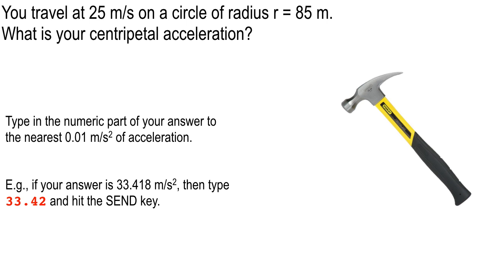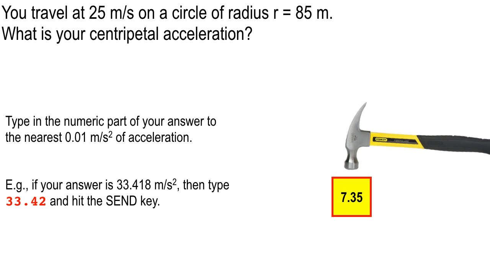I was going to show you on the doc cam, but you guys know what you're doing. The answer is, bam, 7.35. And if you missed it, here's all you got to do. Go ahead and write this down. 625 divided by 85.